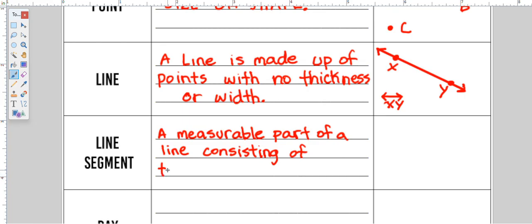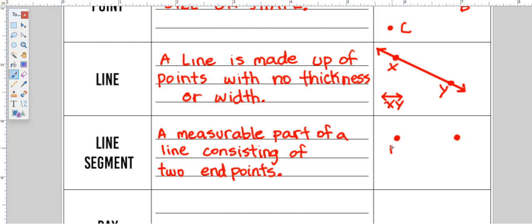We can't have a line segment without at least 2 endpoints. So think of the line that we just had, but it's not extending on and on forever. It is just a piece of that line.